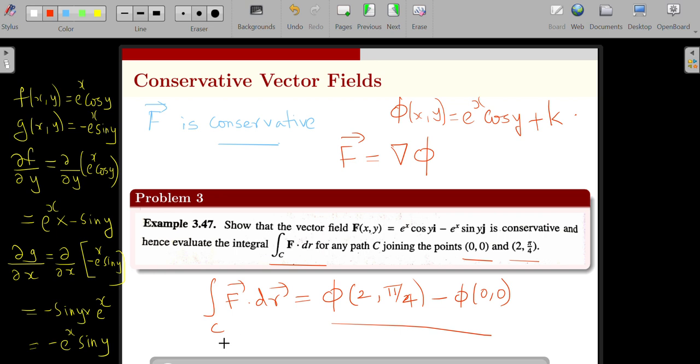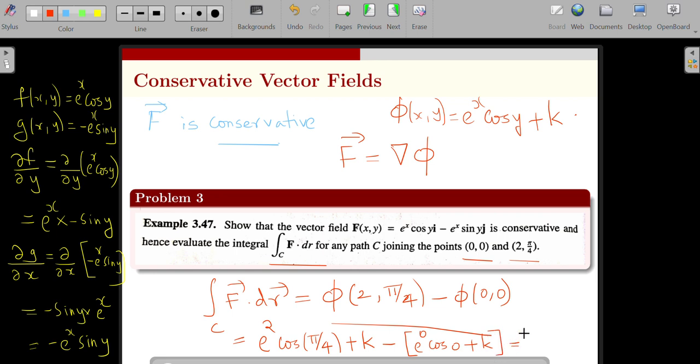So in order to calculate the work done, we have to calculate the value of the scalar function at the endpoint. So this is equal to phi of 2 comma pi by 4. Substituting the value x equal to 2 and y equal to pi by 4 in phi of xy, we get this is equal to e square cos pi by 4 plus k minus e raised to 0 cos 0 plus k.